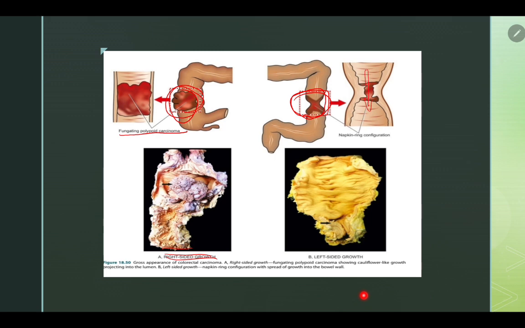They obstruct the GIT flow, whereas here there is no obstruction. In the left-sided growth, the growths are like ring-like structures, so it is called annular lesions.